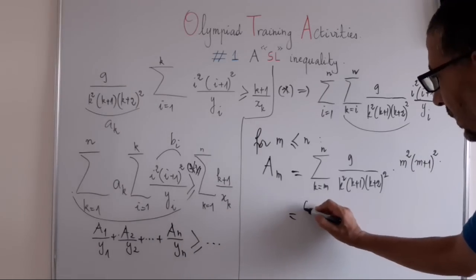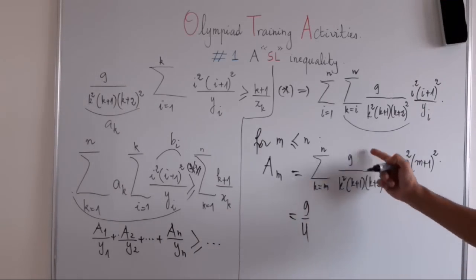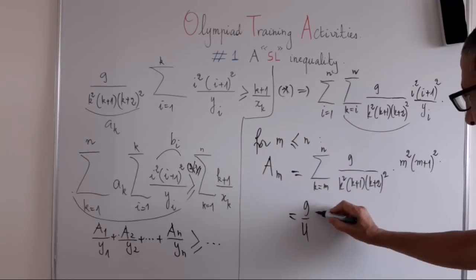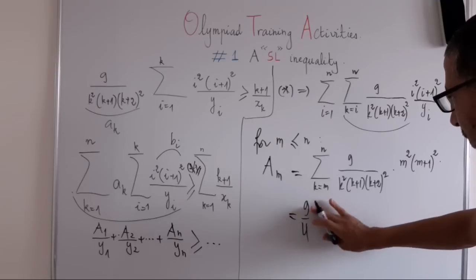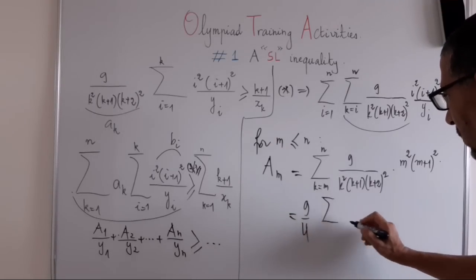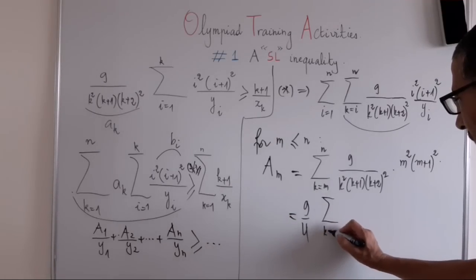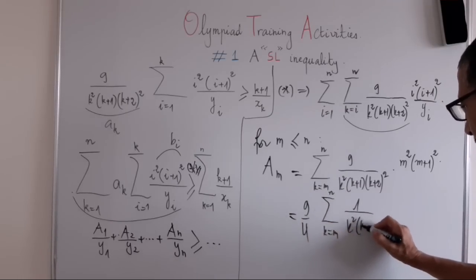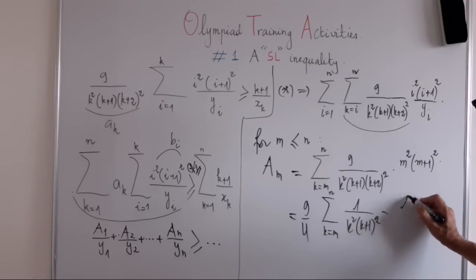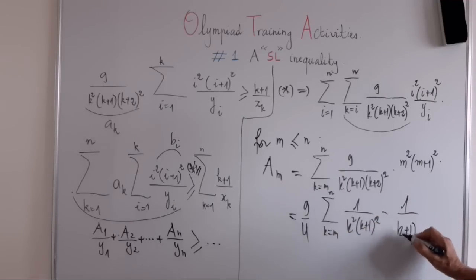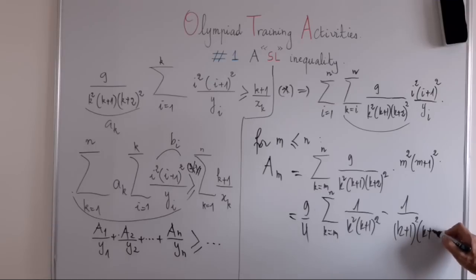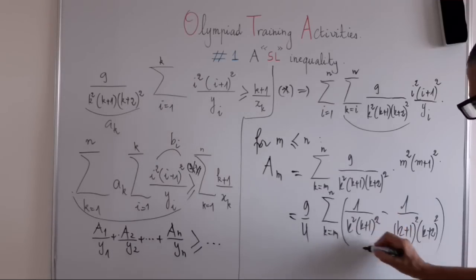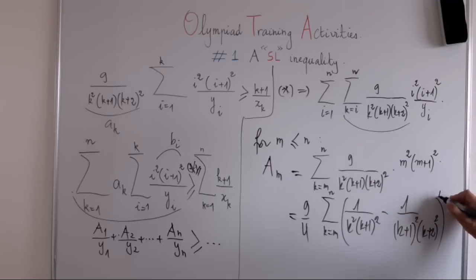Now, by straightforward calculation, one can see that this fraction gives a kind of telescoping expression, which is equal to the sum from k equals m to n of 1 over k squared k plus 1 squared minus 1 over k plus 1 squared times k plus 2 squared, and all times this coefficient m squared m plus 1 squared.